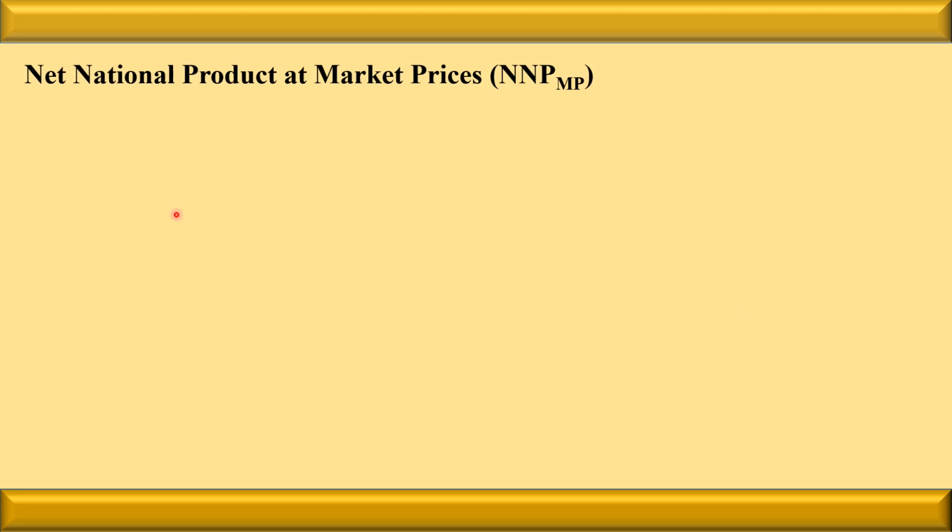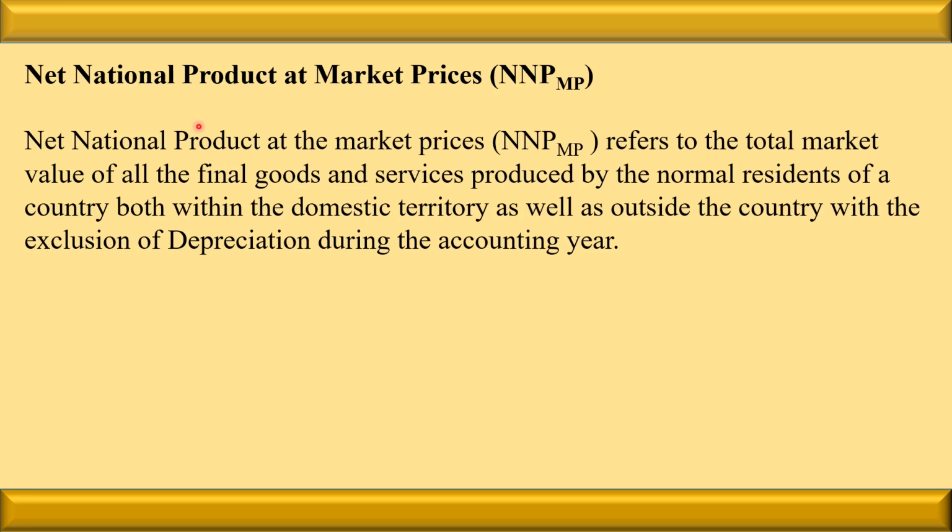The third is net national product at market price. It refers to the market value of final goods and services produced by the normal residents within the domestic territory as well as outside the domestic territory, without considering the depreciation during the accounting year.